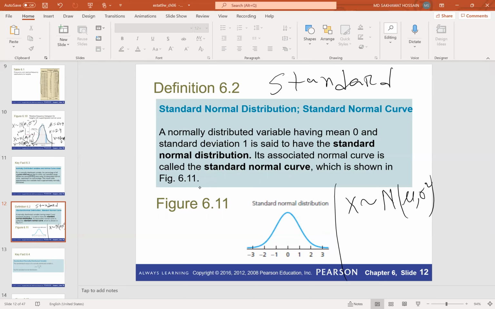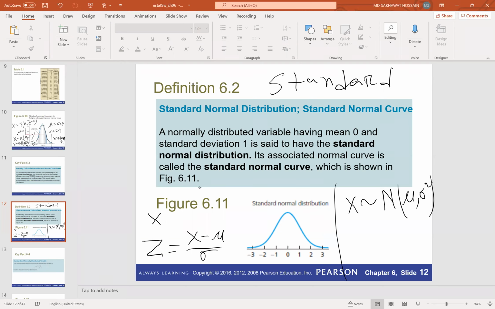If X is a random variable with mean mu and variance sigma squared, then the standardization is x minus mu over sigma. We subtract the mean from each observation, then divide by the standard deviation. By subtracting the mean, we make the mean 0.